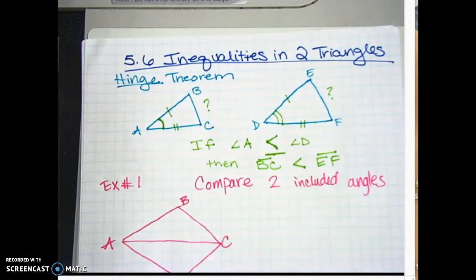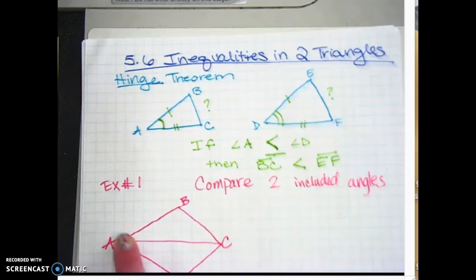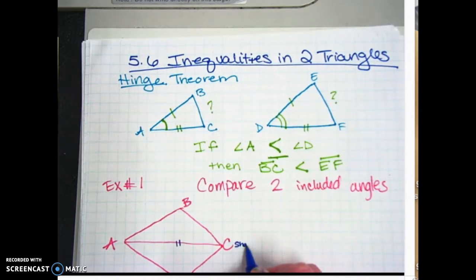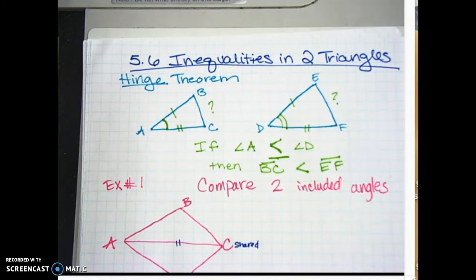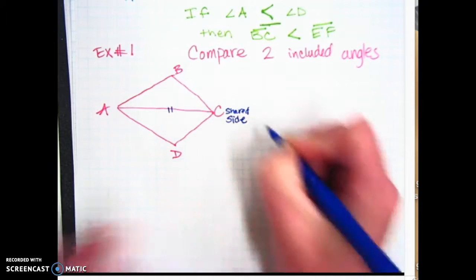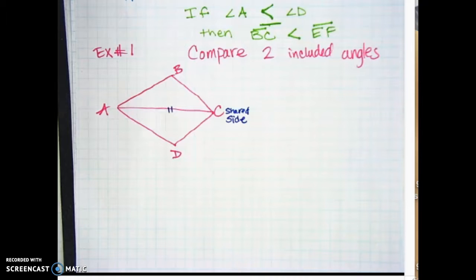And just like when we were doing triangle congruence a couple chapters ago, you're going to see two triangles stuck together quite often, like we are here. So triangle ABC is stuck together with triangle ADC, and they have this shared side in the middle. It's obviously congruent to itself, so I'm just going to start by putting a double tick mark on it. You're going to see that often.